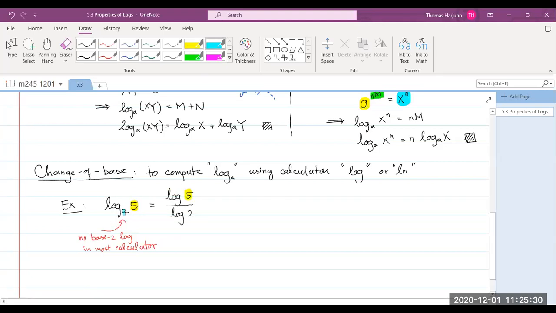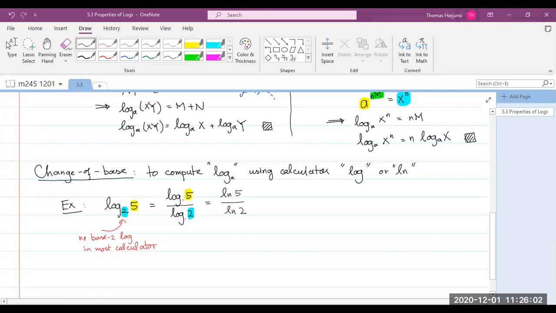The original base now becomes the argument at the bottom. And notice that the base for the logs at the top and the bottom has to be the same. In this case, both of them base 10. Now, you can also use base E. So natural log of 5 over natural log of 2. Either way, you will get the same result.